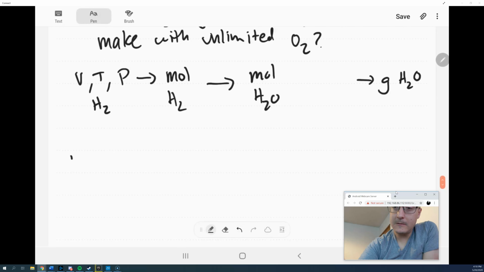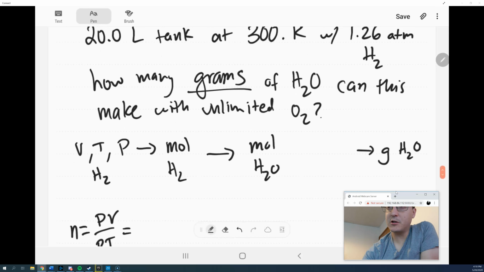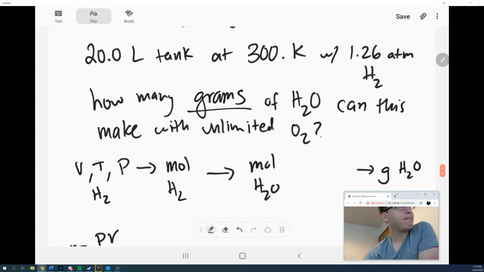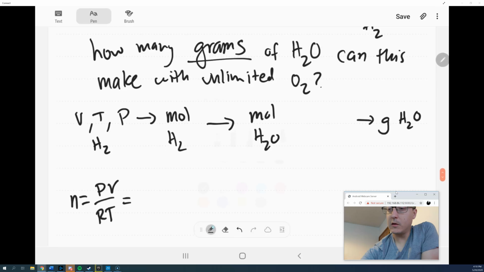So we know n is PV over RT, right? Just solving the equation for n. What's our pressure here? I'll do this in blue just because black is getting boring.